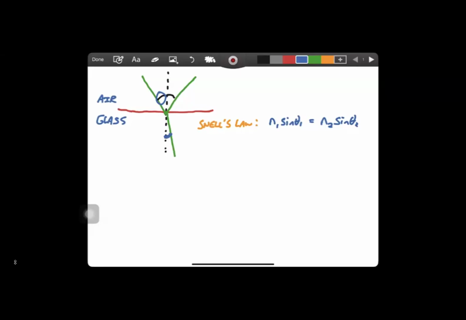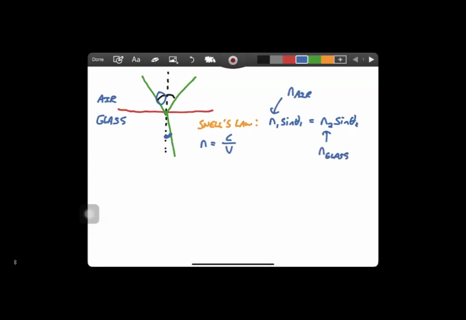And then the index of refraction, n, is equal to the speed of light in a vacuum divided by the velocity of the electromagnetic wave in a particular material. And so for our example here, n1 would be n air, and n2 would be n glass.